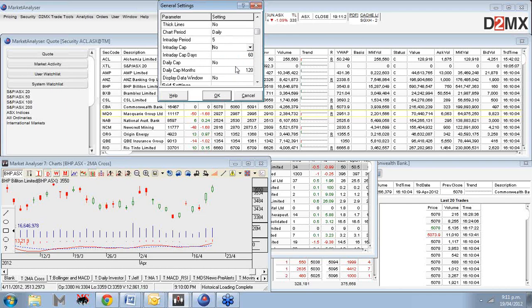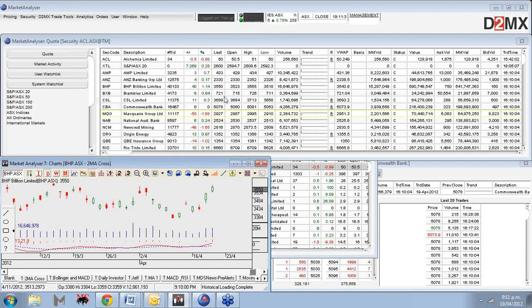So how far you go back can be adjusted in here. You can do the same for the daily as well. You can set up a daily cap and the number of months of data to load. The data goes back to 2004, so that's what we're looking at, 7-8 years of data that you've got in here.